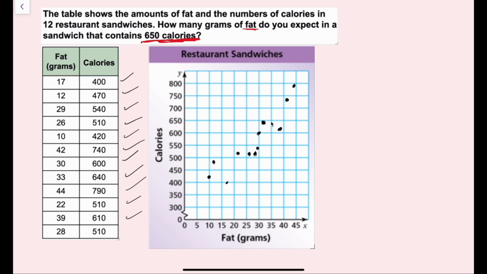So if I had this point right here, so 650, and then like this, I could see that if I had a point right here, this would fit very well with my data. Now, this is not the only correct answer.